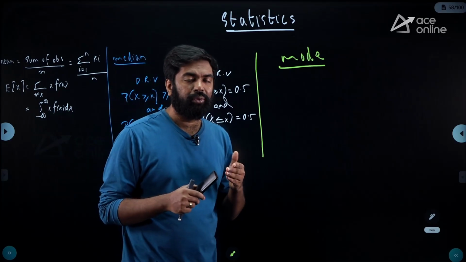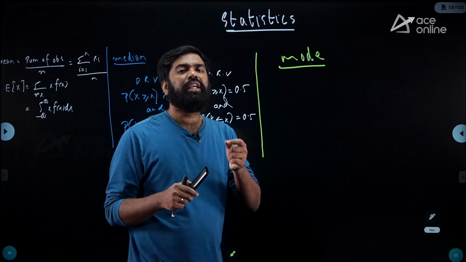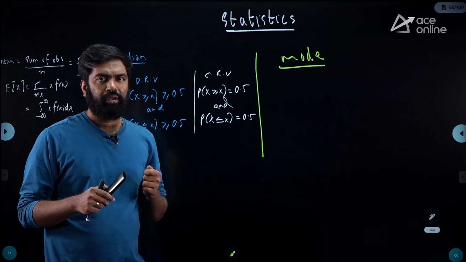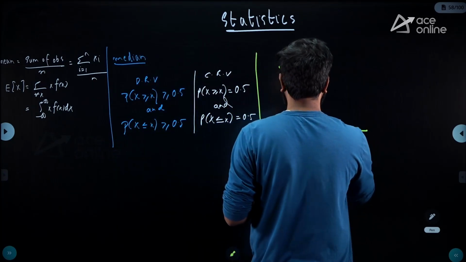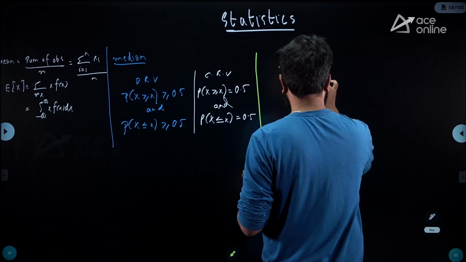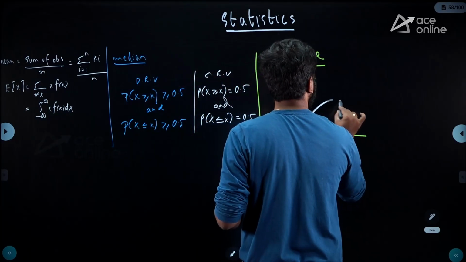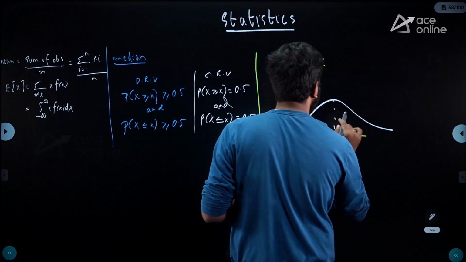And how do you find mode for a continuous random variable? You will see where the probability density function takes a maximum value. In the case of a Gaussian random variable, suppose a symmetrical data is given to you like this, where this is the mean.